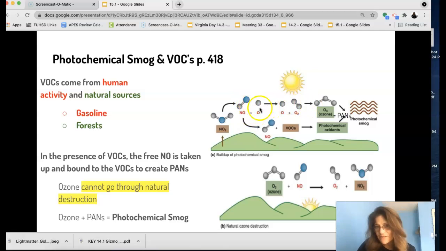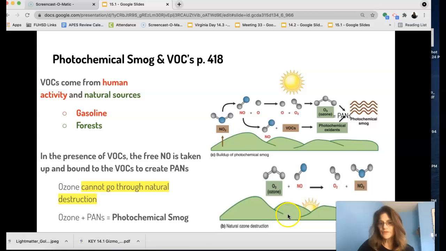But instead of it being able to form ozone, like I showed you in a couple slides prior, if there are too many VOCs present, then the nitrogen monoxide is going to bond with these VOCs, and it's going to form photochemical oxidants like PANs, which is going to lead to the production of smog. So in other words, the VOCs are going to take up the free nitrogen monoxide, and they're going to prevent it from making and breaking down ozone.